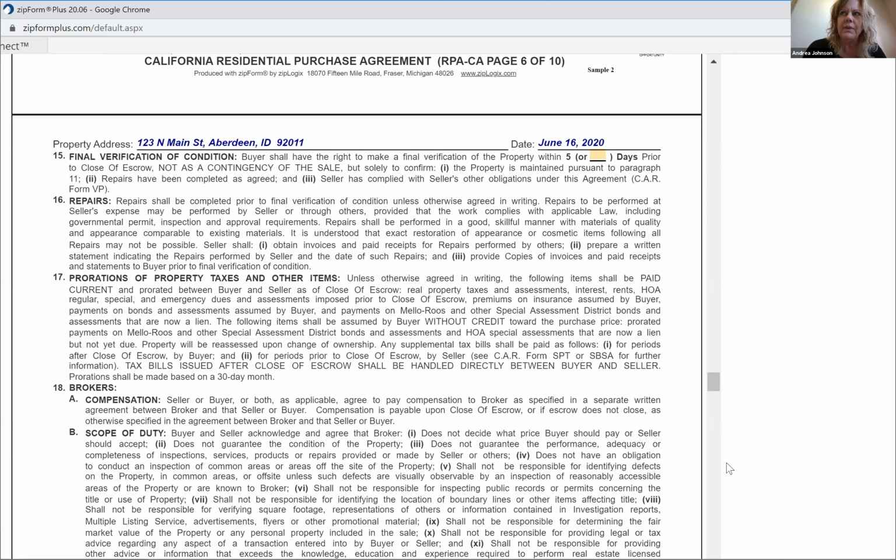Well, that would be something that the seller would be obligated to repair, but not something that has been there all along that you just now noticed. So it's not a time to go through nitpicking on the property. You had your opportunity for inspections. It's simply a time to verify that the property condition is what it was at the time and that agreed upon repairs have been completed as agreed.